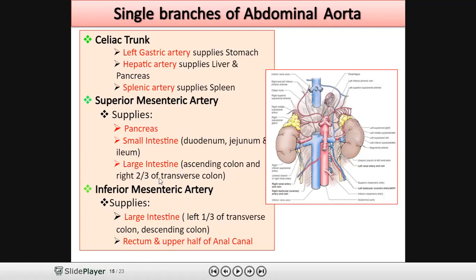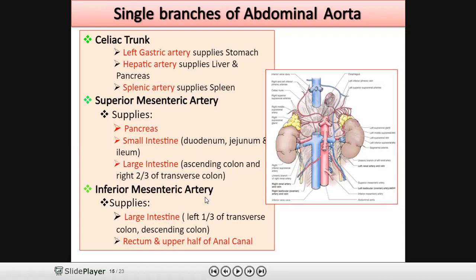Two-thirds of the transverse colon is supplied by the superior mesenteric artery, but the remaining one-third of the transverse colon is supplied by the inferior mesenteric artery, and then the descending colon is supplied by the inferior mesenteric artery, and then your rectum and the upper half of the anal canal are supplied by the inferior mesenteric artery.